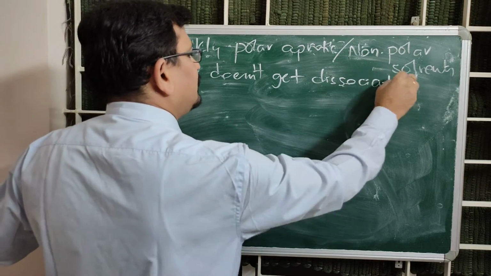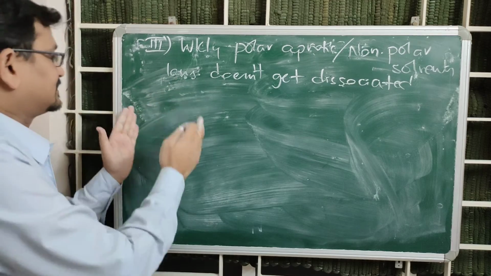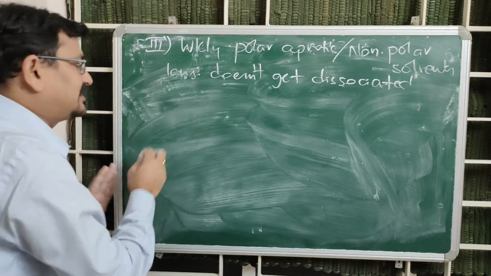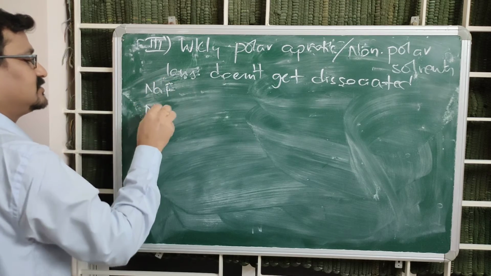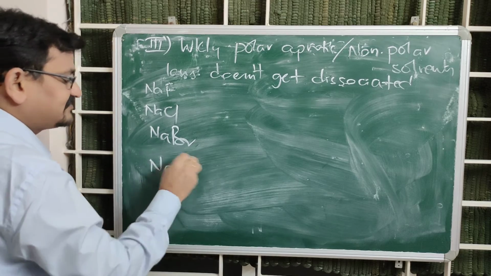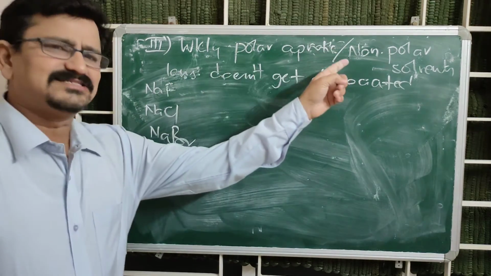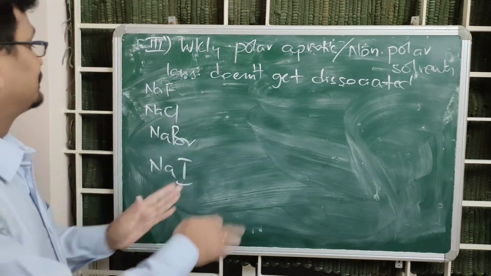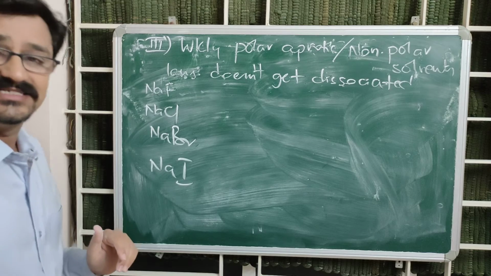We are given the cation and anion, as in the previous cases we discussed, suppose sodium fluoride, sodium chloride, sodium bromide and sodium iodide. As the solvent is weakly polar aprotic or non-polar, in either case the ions won't get dissociated. They will exist as they are.